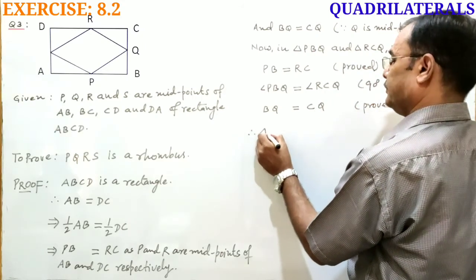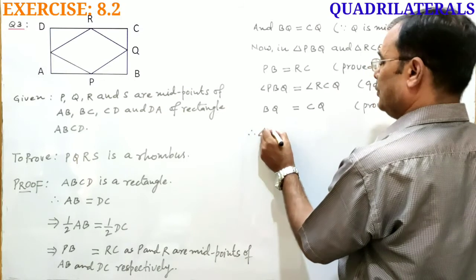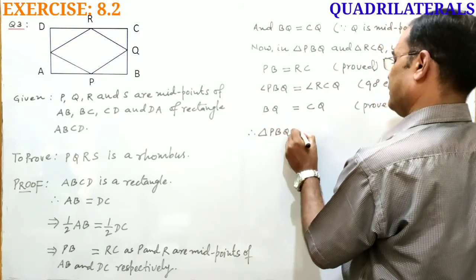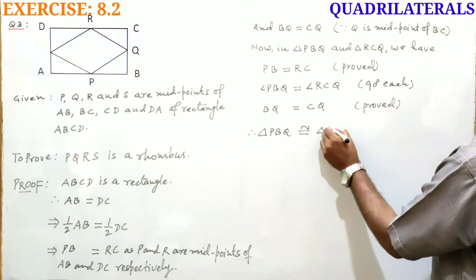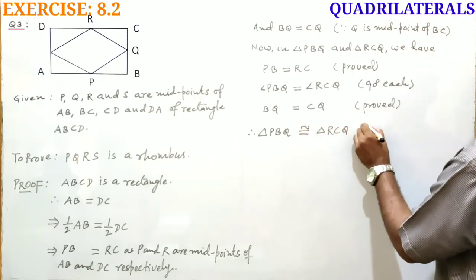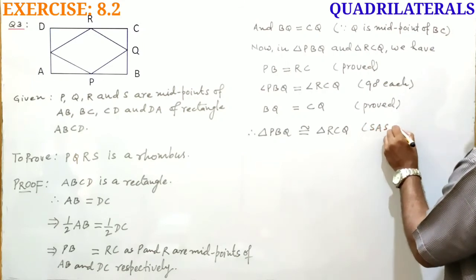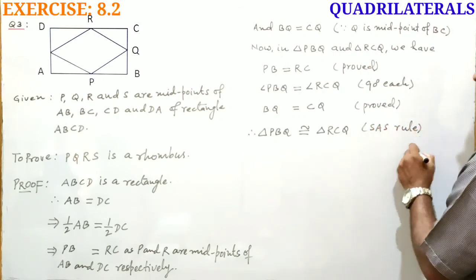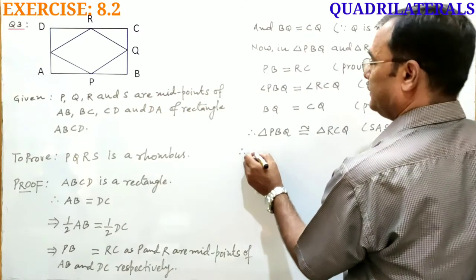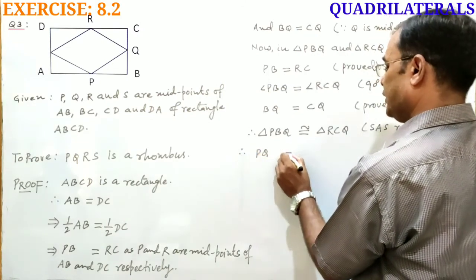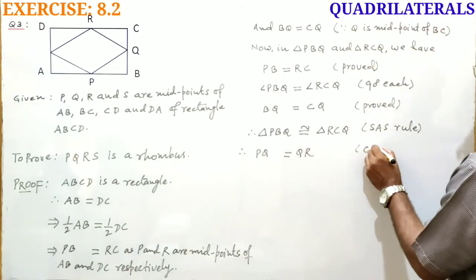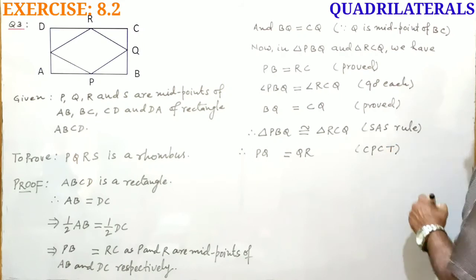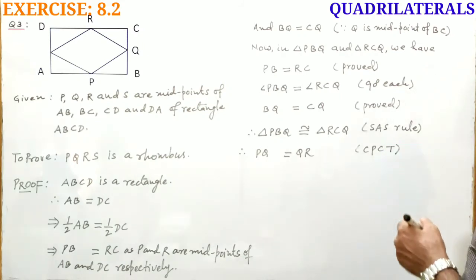Therefore, triangle PBQ is congruent to triangle RCQ by side angle side congruence rule, and this proves that PQ is equal to QR by CPCT, because they are corresponding parts of congruent triangles PBQ and RCQ.